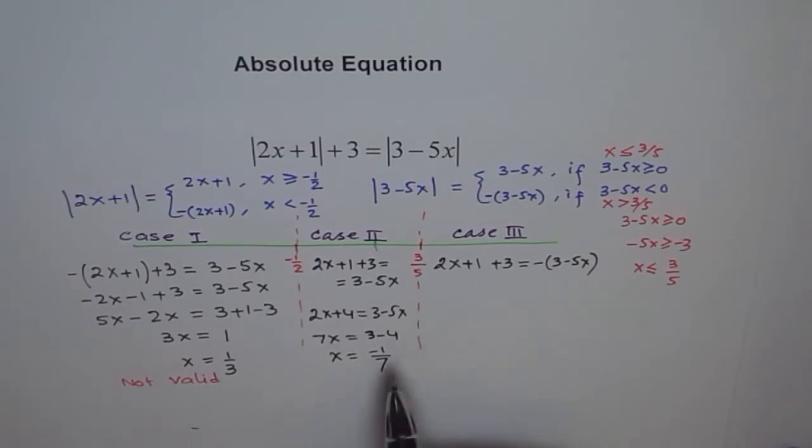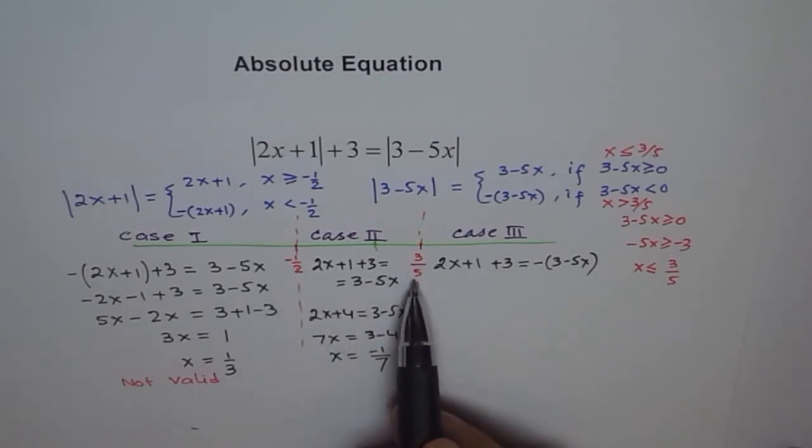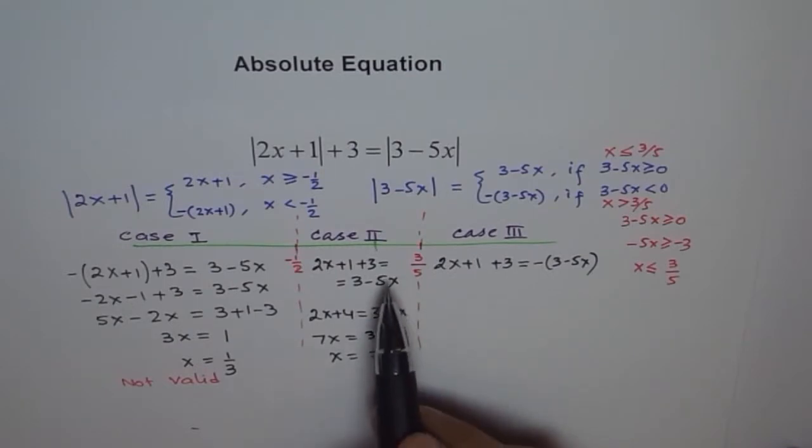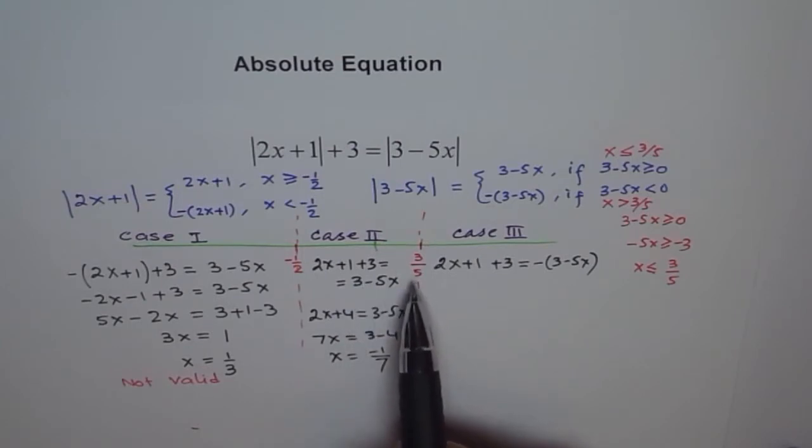Now, does minus 1 over 7 lie between minus half and 3 by 5? Yes, it does, right? This is what we have to see. If it lies in the interval, then it is a part of the solution. If it does not, then it is not a part of the solution, right?